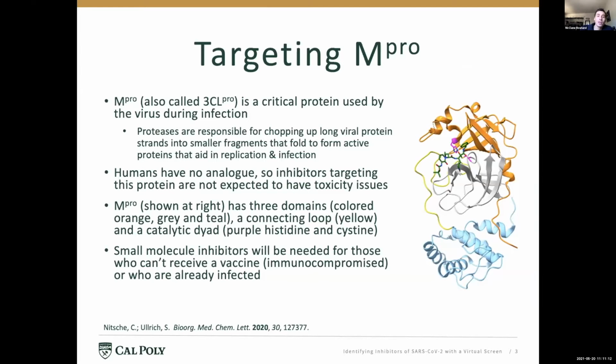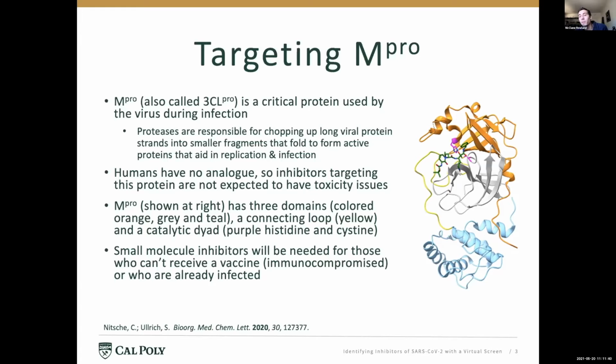The way we did that was by targeting a viral protein called MPRO. Now, a protease is a protein used in the replication cycle of the COVID virus, and it's responsible for chopping up long strands of other viral proteins, like a big pair of molecular scissors. If you take a look at the MPRO complex on the right, you can see its quaternary structure.